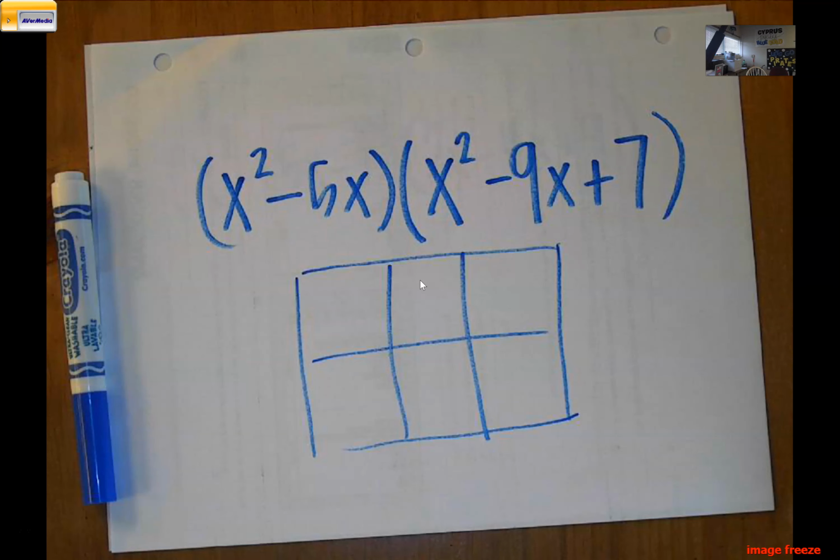Five. Looking good. Need a little more time though. No, I'm getting 5.